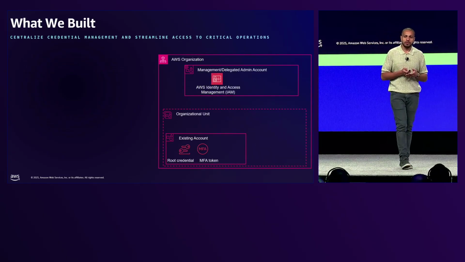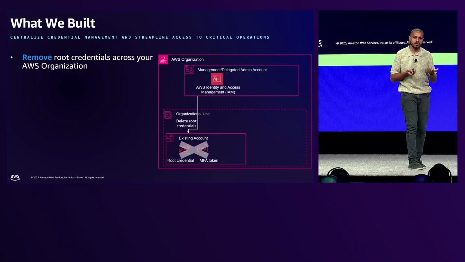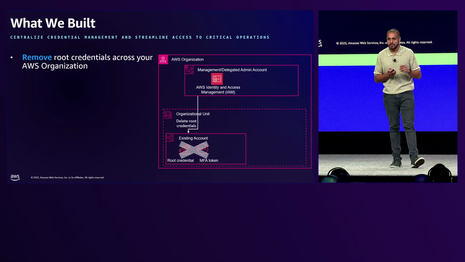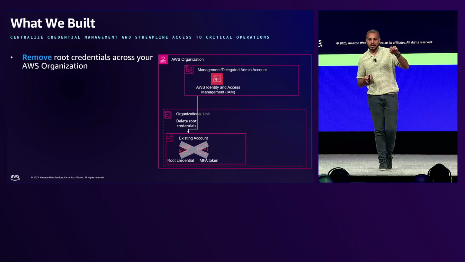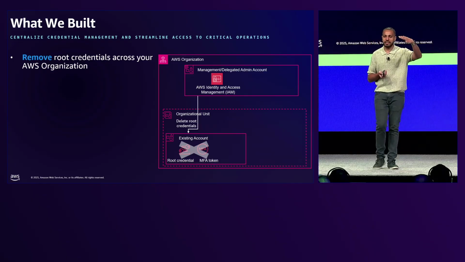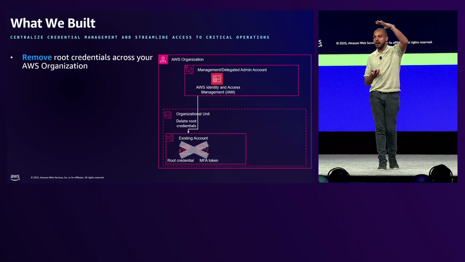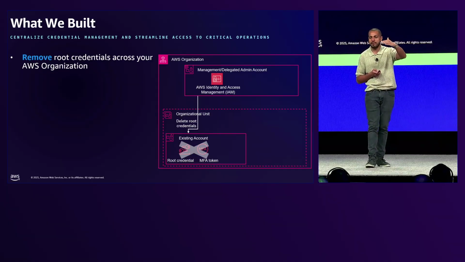So to address this problem and reduce the operational burden, we launched centralized root access in November 2024. You turn on centralized root access in the management account or delegated admin account one time for that organization. Once enabled, the first thing you get is an inventory of the state of the root credentials in your AWS organization. Which account has a root password, has MFA attached or doesn't?